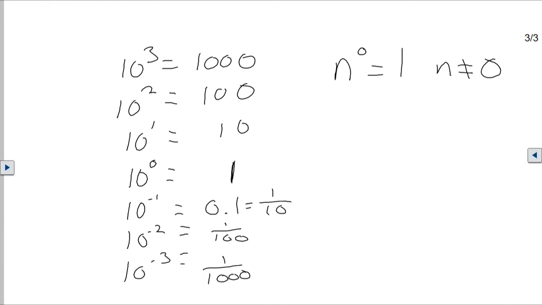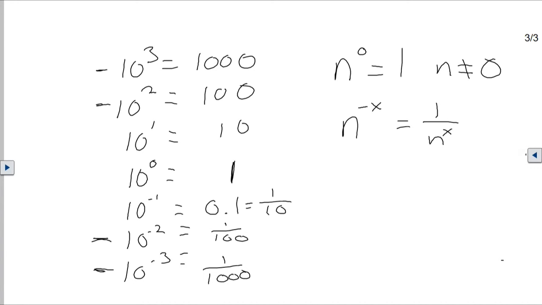Now we start to see some relationships there. 10 to the 3rd is 1,000. 10 to the -3rd is 1,000th. 10 squared is 100. 10 to the -2nd is 100th. So our pattern for this is, if I have a number and it has a negative exponent, we can write that as 1 over that number with the positive exponent.